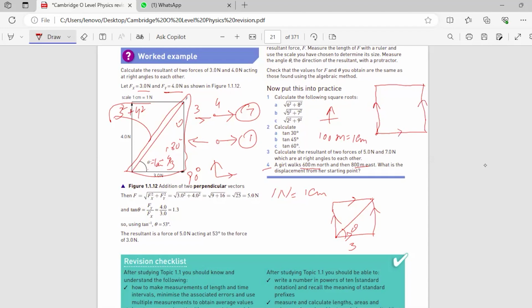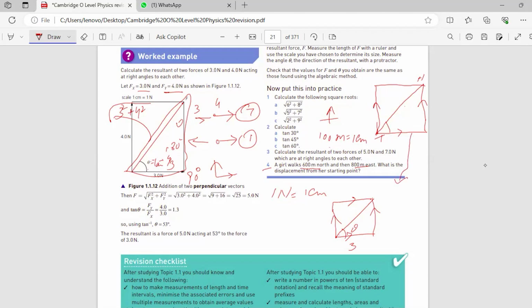Then a vector starting from the tails. This is the tail of this vector, and that is the head of both these vectors. From the tails towards the heads, this is the resultant one. Find that length and convert it into meters. That is our answer. Use a protractor and find this angle. This is the graphical method.